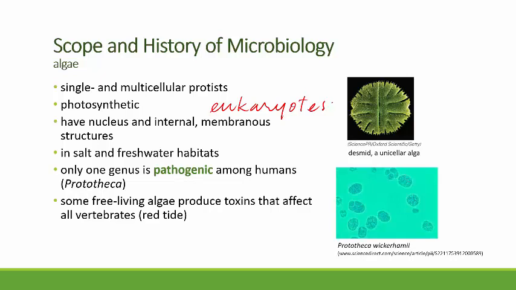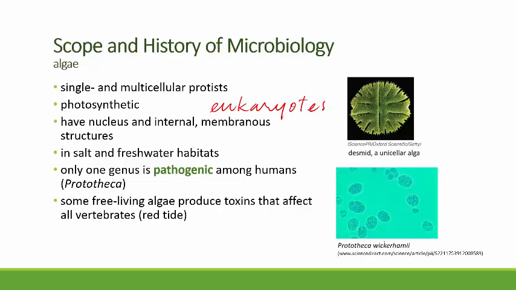And it turns out that there's only one genus within the algae grouping that could be considered pathogenic. That is, disease-causing. And we're talking pathogenic in humans. And that genus is called Prototheca.